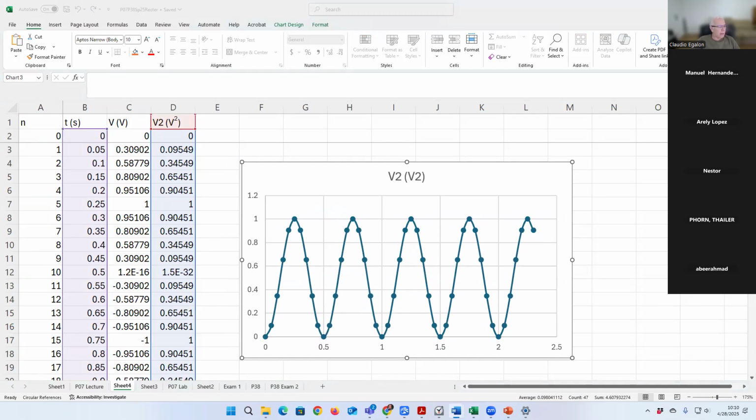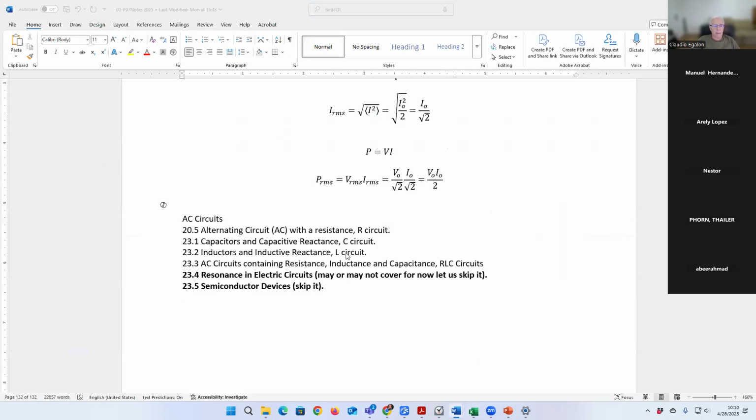And now we are ready to get into the next topic. Notice that everything that we're doing here is a consequence of what we covered previously, right? Everything we are doing here builds up on what we covered previously.